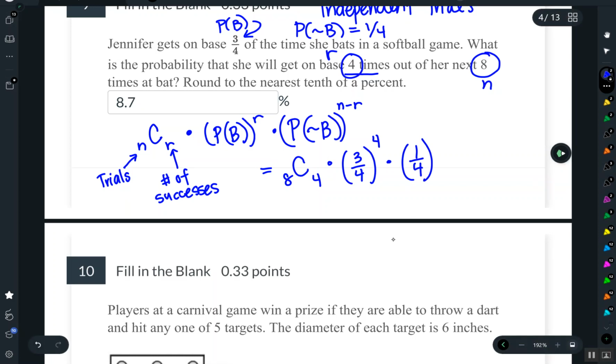Since there's 8 trials and we wanted to get on base 4 times, the other 4 times is going to be not on base. So this is basically subtracting 4 from 8 to get 4. We can just plug this all into a calculator and go from there.